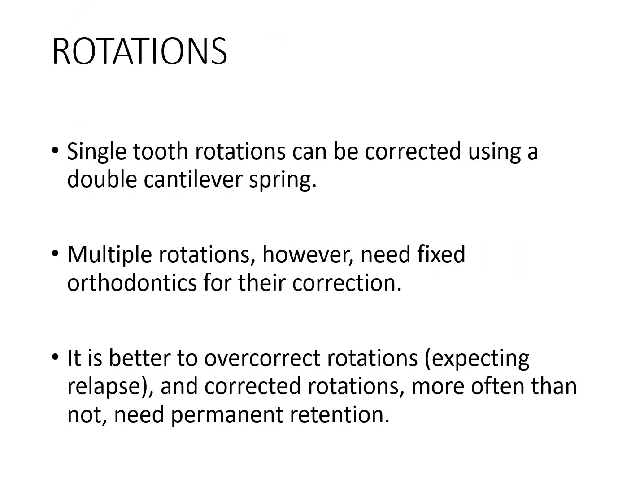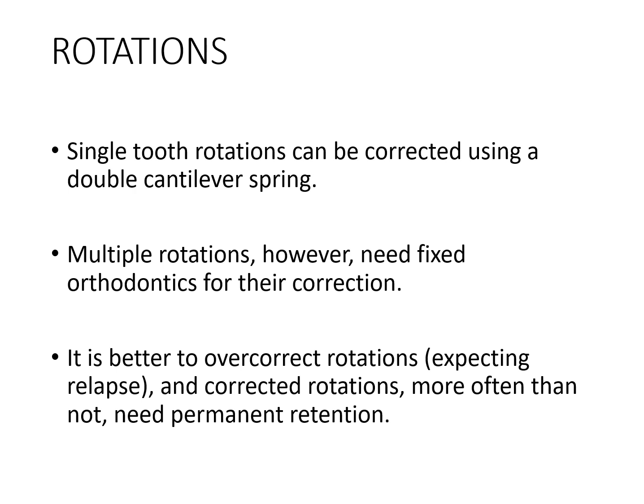First and foremost, when you see a malocclusion, try to first solve it maximally with your removable appliance, right? It is easy and economic also. Of course, in most cases you require braces. Simple rotations can be corrected with a double cantilever spring, right?